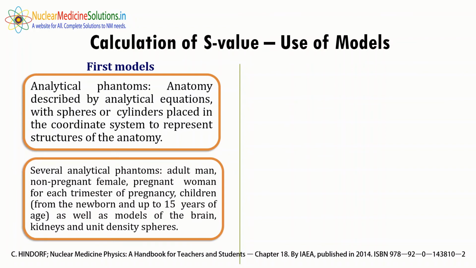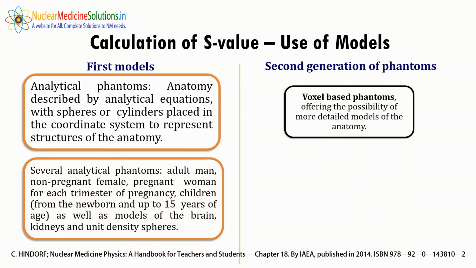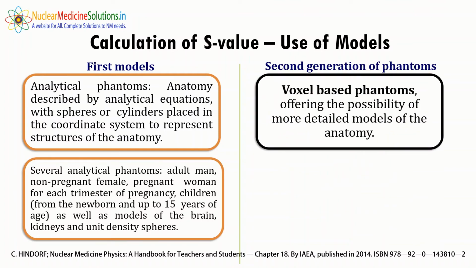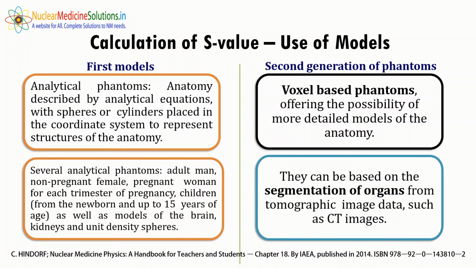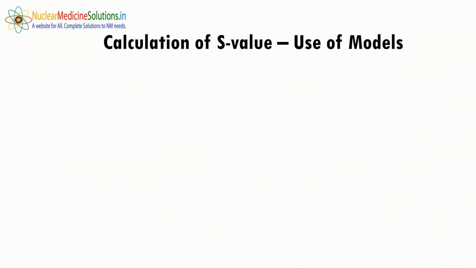And there were several anatomical phantoms like adult man, non-pregnant female, pregnant woman for each trimester of pregnancy, children from the newborn and up to 15 years of age, as well as models of the brain, kidney and unit density spheres. The second generation of phantoms were voxel based phantoms, and they offered the possibility of more detailed models of anatomy, and they can be based on the segmentation of organs from tomographic image data such as CT images.